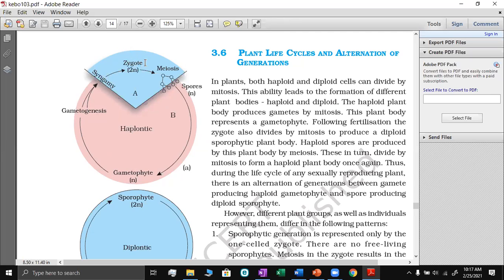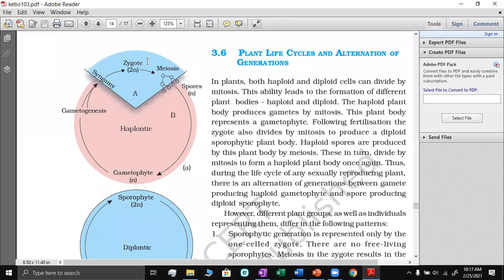The zygote immediately divides by meiosis and forms haploid spores. So again it is haploid. The spore germinates into a gametophytic plant.